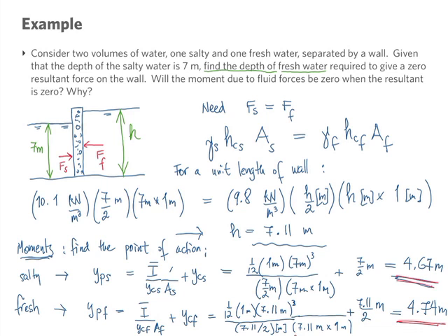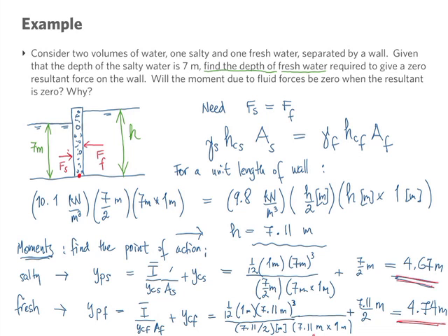We would normally want to calculate the distance to the point of action from the bottom of the tank. Remember, y is measured from the surface down. This is a vertical wall, so it's measured from the surface, and you might want to calculate that with respect to the point where this wall is actually fixed, which would be from the bottom. I don't have space to do that.